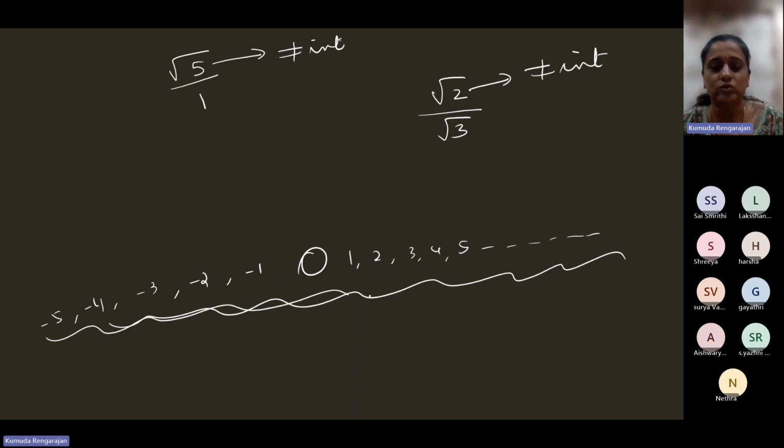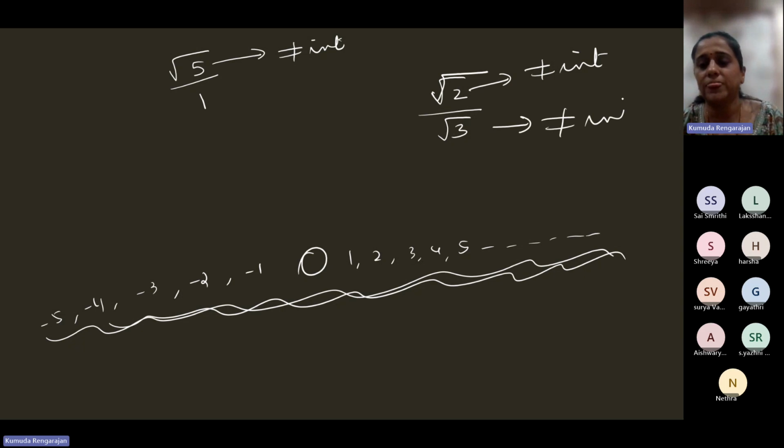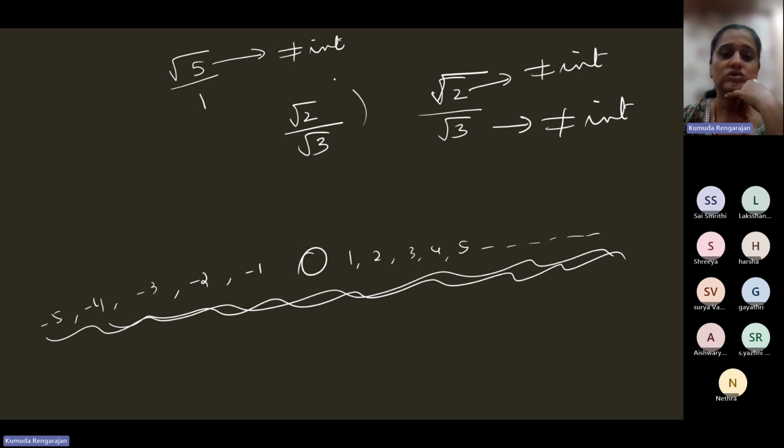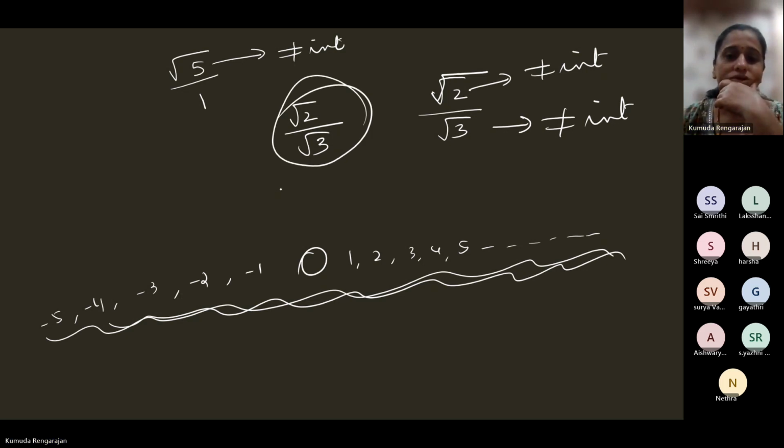No. So this one is not an integer. Similarly, this one is also not an integer. It may look like something by something, but since it's not integer by integer, it's not a rational number. So this one is an irrational number because it does not have a p by q form.